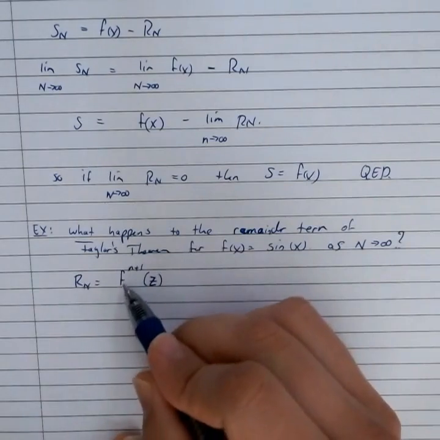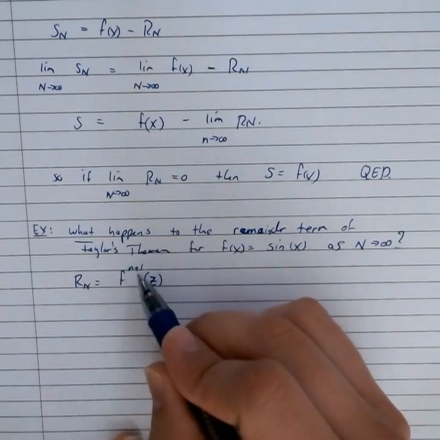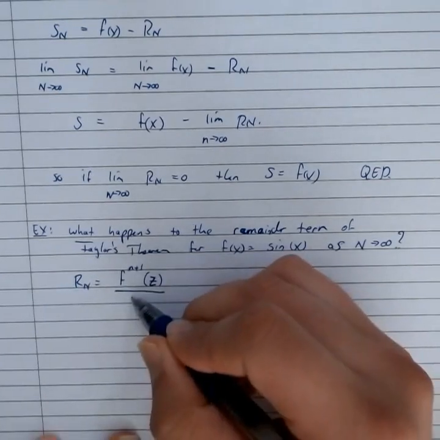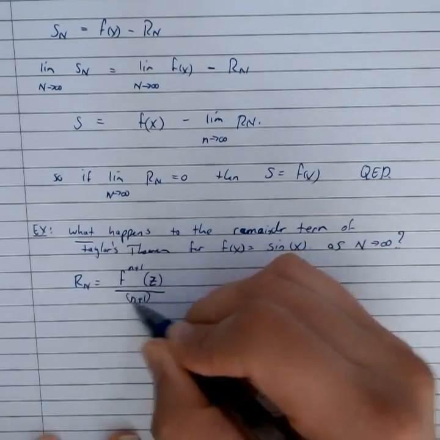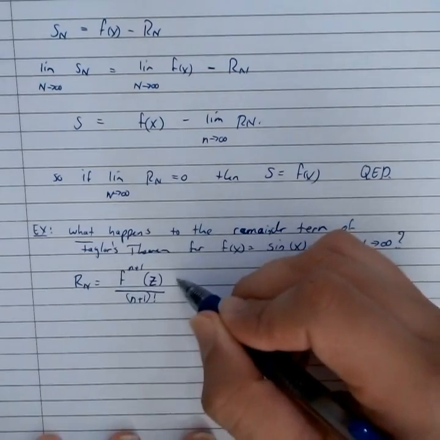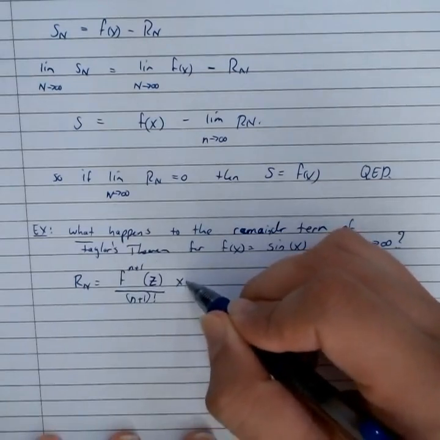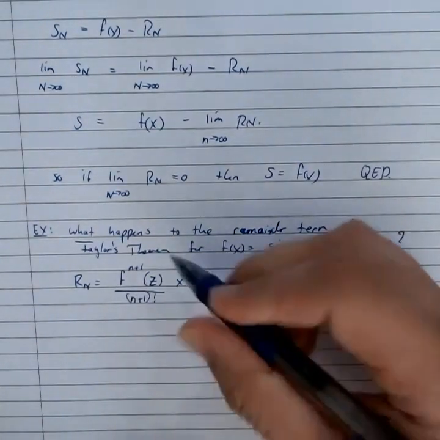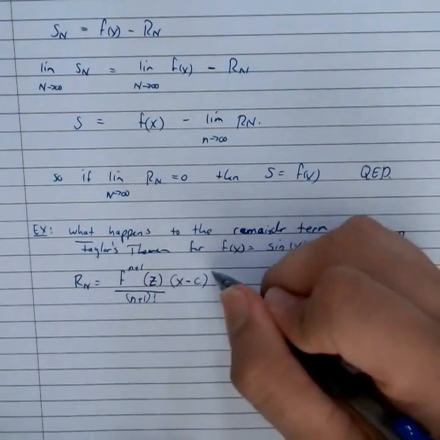So we're going to take its n plus first derivative at z over n plus 1 factorial times x minus, I suppose we don't need x minus anything because we're centered at 0. But here, let me go ahead and write it in the most generic form.